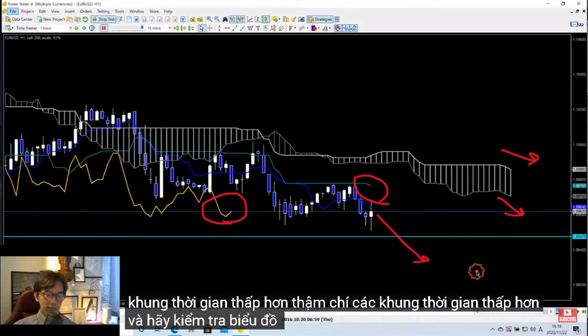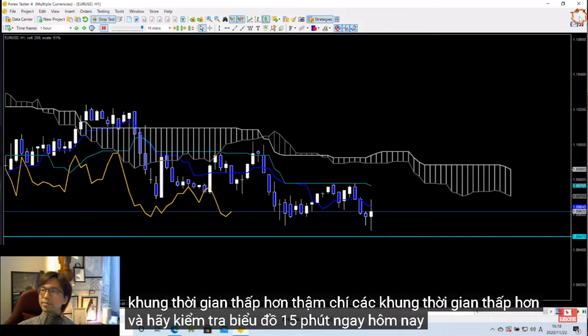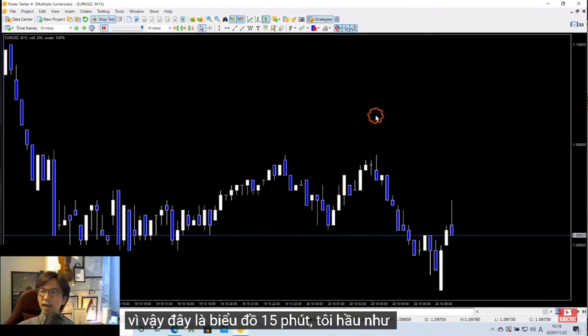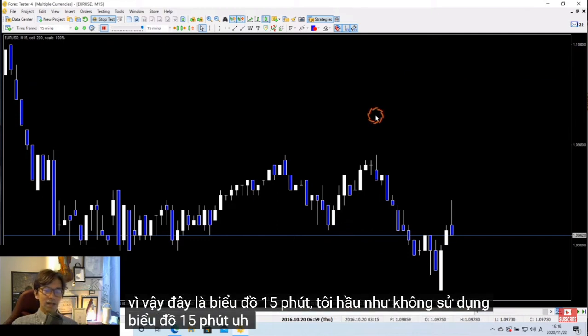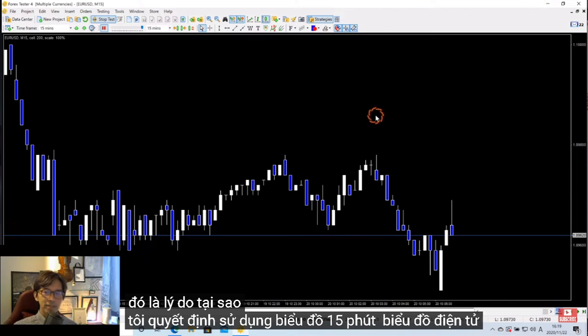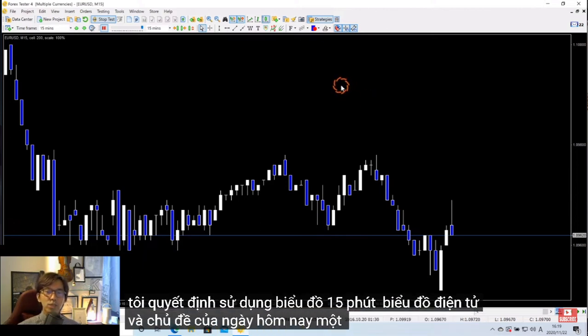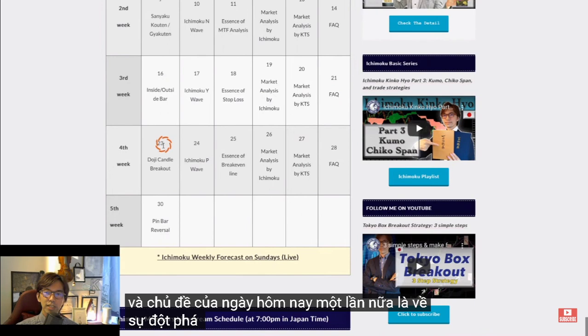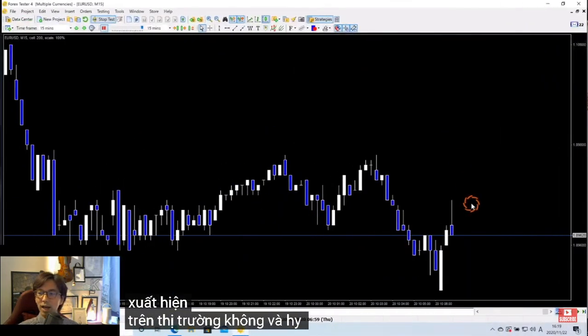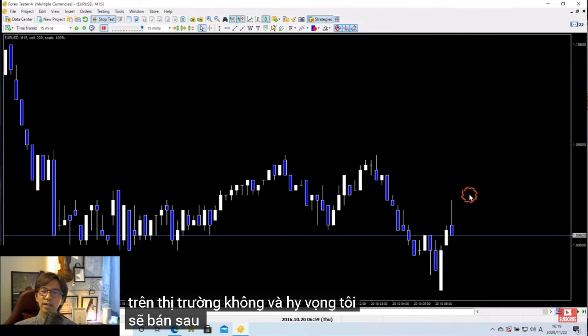And let's check 15-minute chart today. So here's 15-minute chart. I hardly use 15-minute chart in Forex Tester 4, and that's why I decided to use the 15-minute chart. And today's topic once again is about the doji candle breakout. So let me see if there's any doji candlestick appears on the market, and hopefully I would take a sell after the doji breakout.